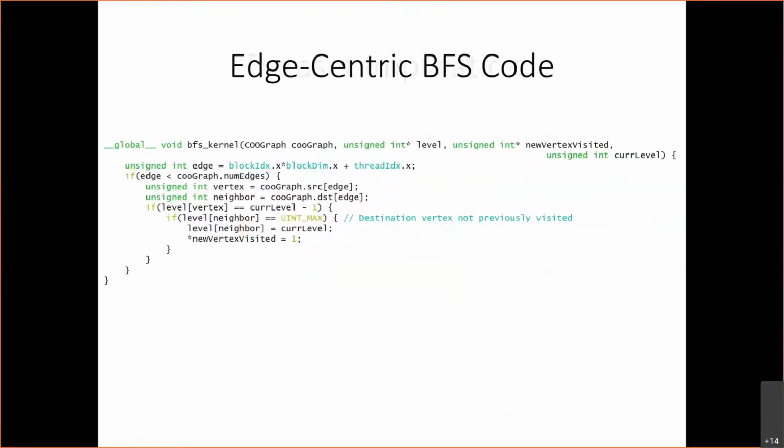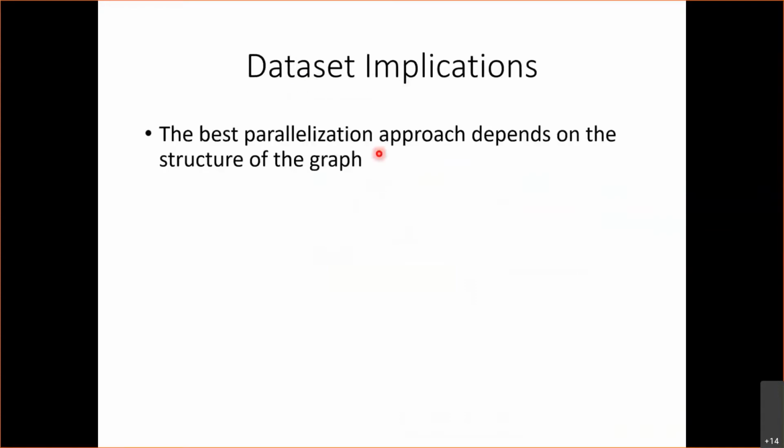So now we want to talk about the data set implications. This is something that you guys have been alluding to. Some of you asked, doesn't the shape of the graph affect the choice of storage format, the choice of parallelization? And it does. So the best parallelization approach depends on the structure of the graph.